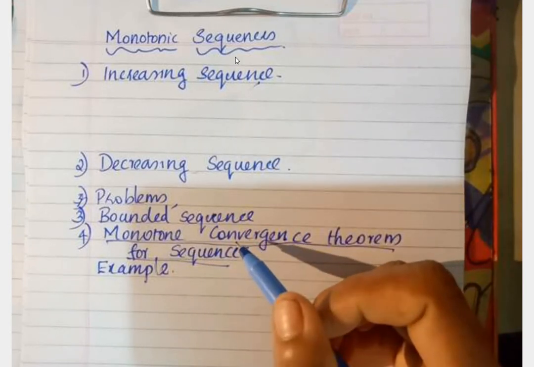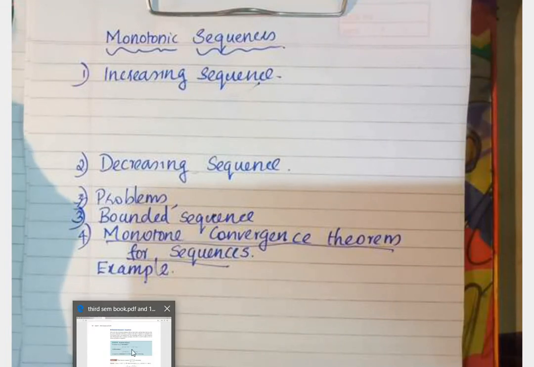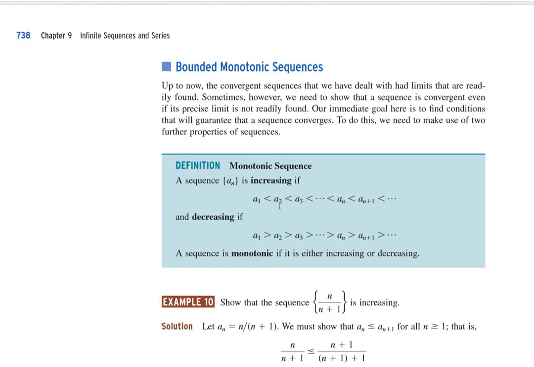All right. First of all, I would like to start with the monotonic sequence. What is the definition of a monotonic sequence? Consider the sequence a_n. The word monotonic means it is either increasing or decreasing.